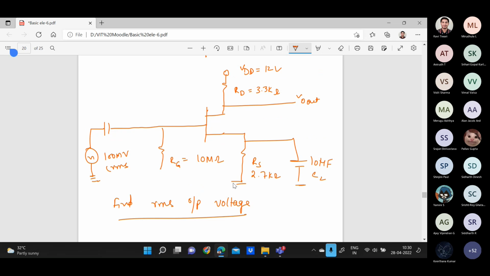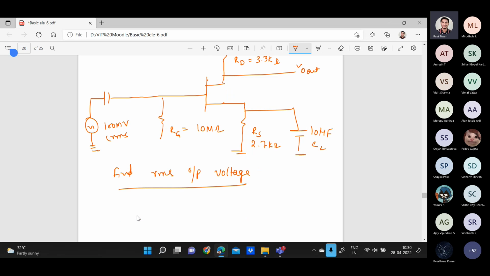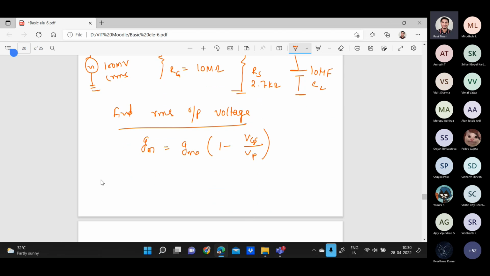First, always you have to find out the value of VGS. Why? Because ultimately we need to find GM, and GM is equal to GMO, the maximum transconductance, times 1 minus VGS divided by VP. In this question they have given the value of VP as minus 10 volts.